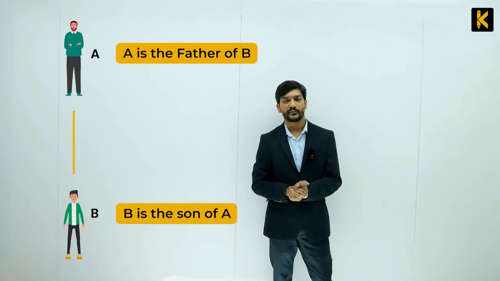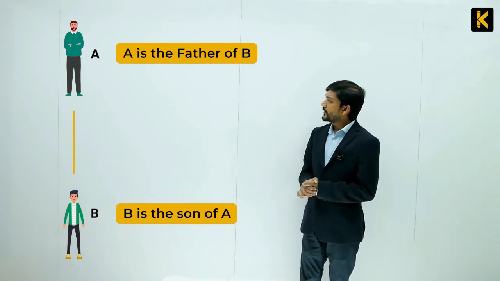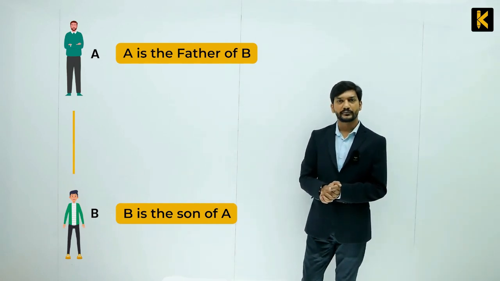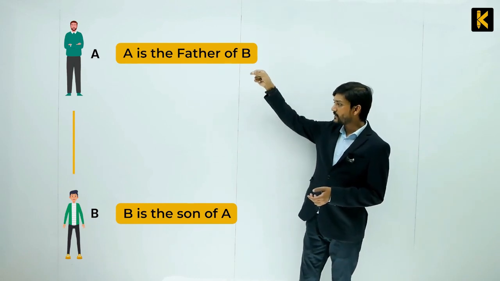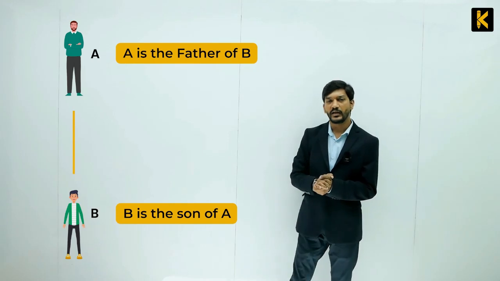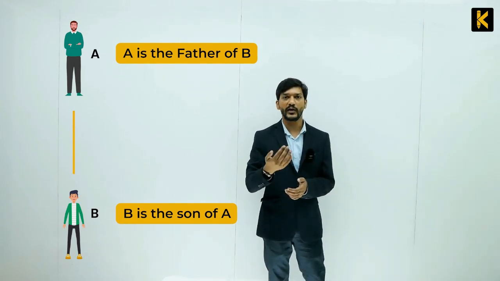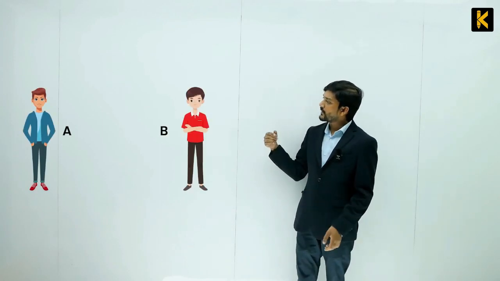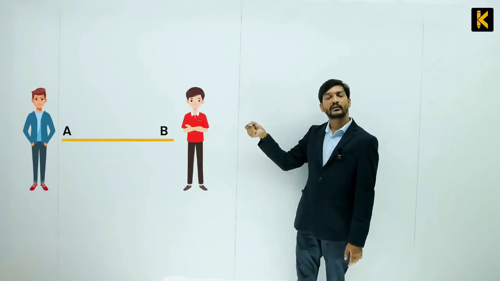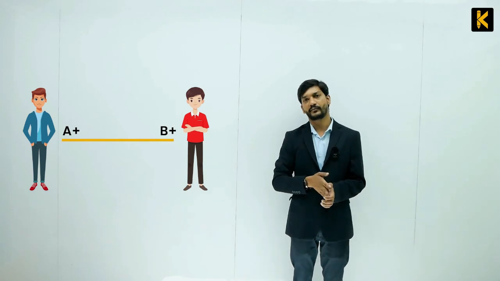All right. Now, instead of showing two persons A and B like this, A single line B, in case I show it some other way, for example, again let me take two male persons only. So I am taking A single line B. Both are male persons, so again they will be shown with a plus sign.